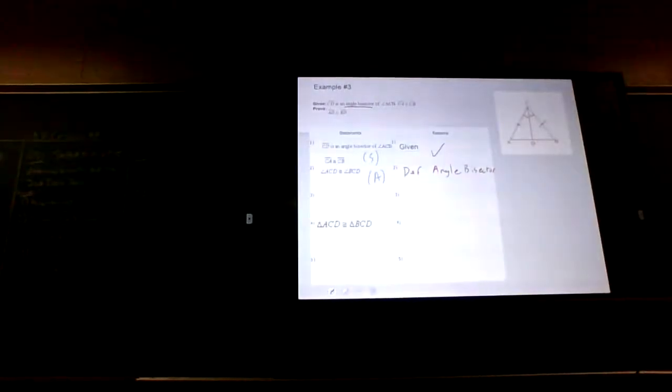All right. Now, I am not helping anybody with step 3. Would it be reflexive? Does anybody see anything else that has to be congruent in these two triangles?